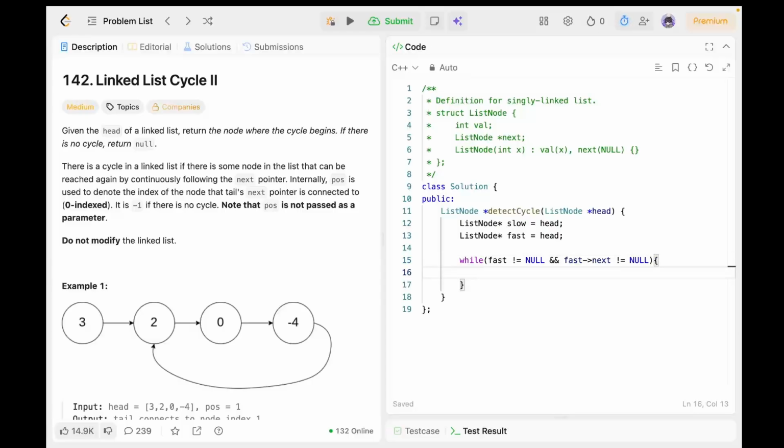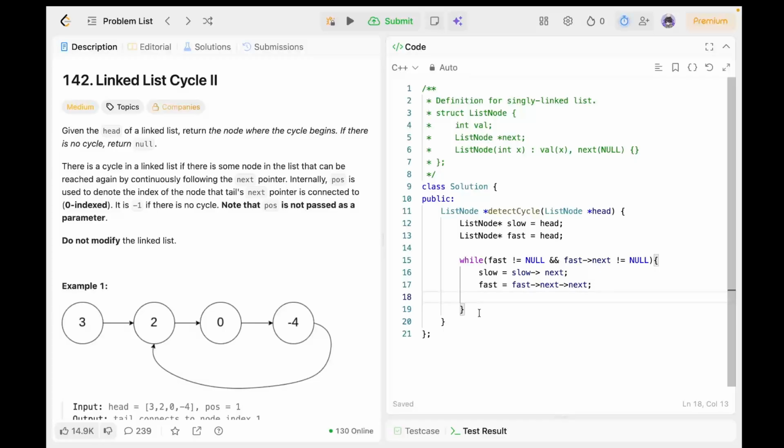And what we have to do, I will say slow, can you move to your next? Okay, my slow moves to its next. And what about the fast? Fast will move to its next of next.